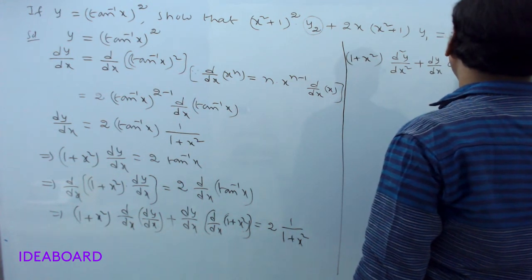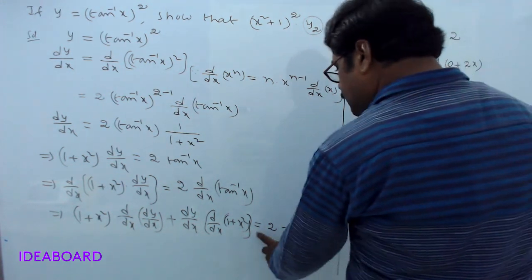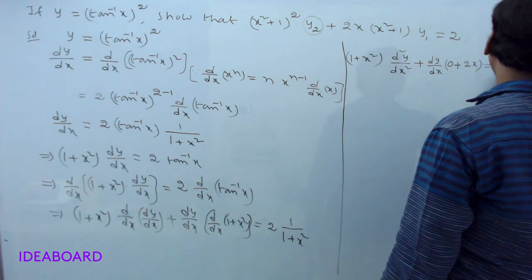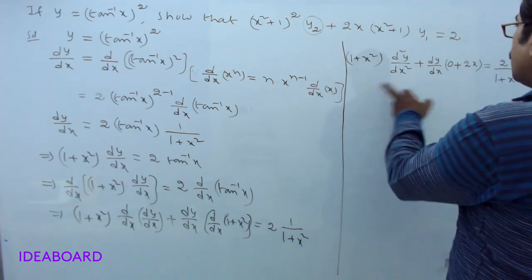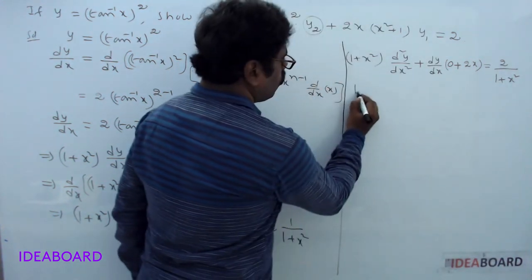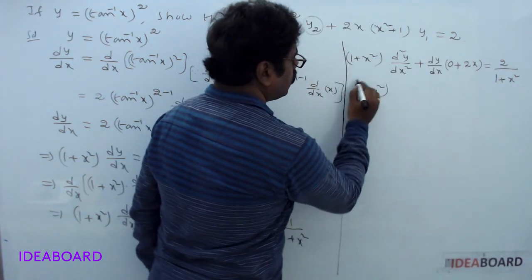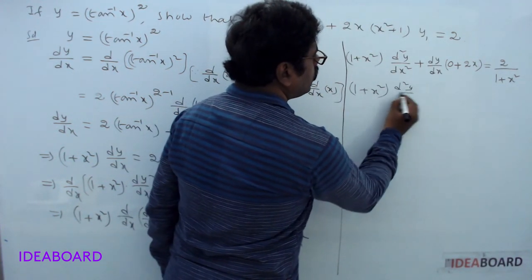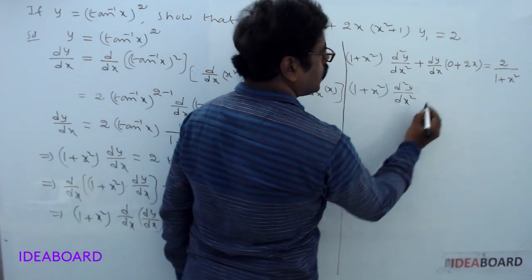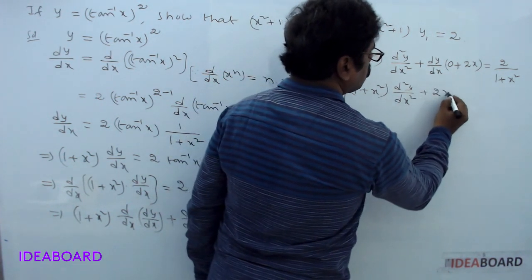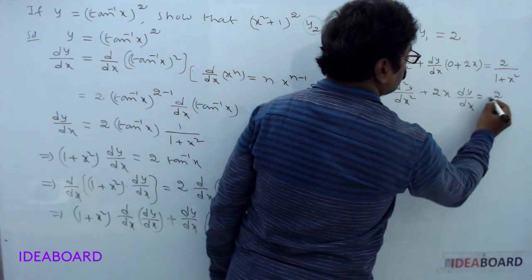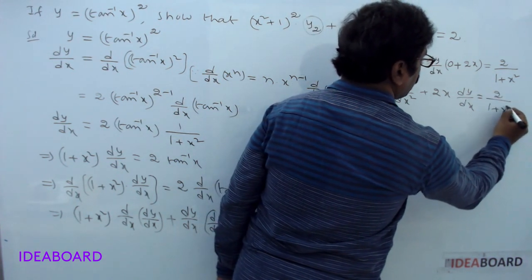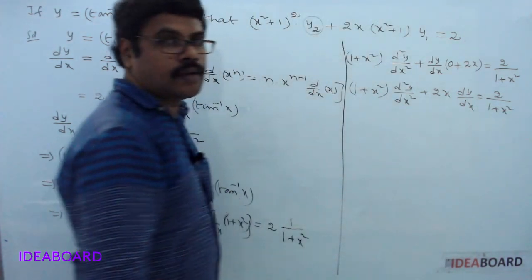What is the derivative of x square? 2x. This equals 2 divided by 1 plus x square. Now write down the LHS part. (1 plus x square) into d square y by dx square plus 2x into dy by dx equals 2 divided by 1 plus x square.